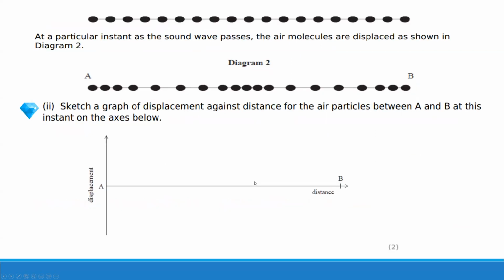Okay, now it says, at a particular instant, as the sound wave passes, the air molecules are displaced as shown in diagram 2. Sketch a graph of displacement against distance for the air particles between A and B at this instant on the axis below. I'll be really, really impressed if you're able to do that.